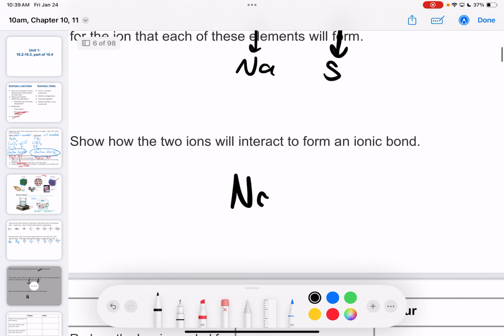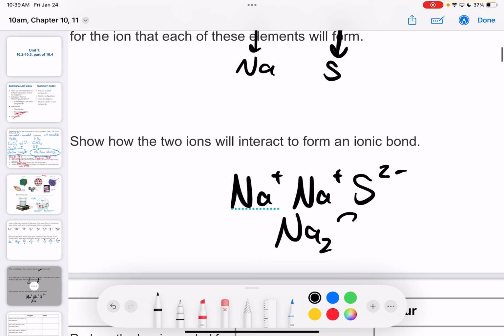And 2 sodiums will bond with 1 sulfur and form sodium sulfide. Okay, this is why there's always a set ratio for ionic compounds. You're never going to have like Na3S or NaS2. It's always a set ratio because they're always having to give up and take the same number to fill in those empty orbitals.